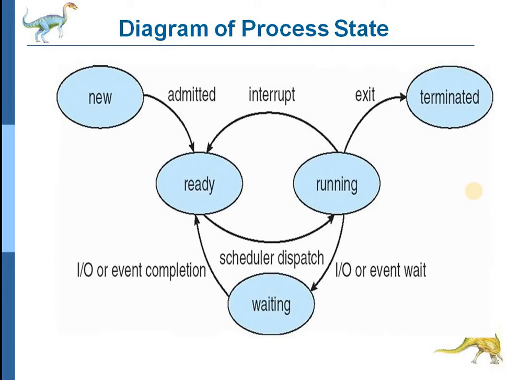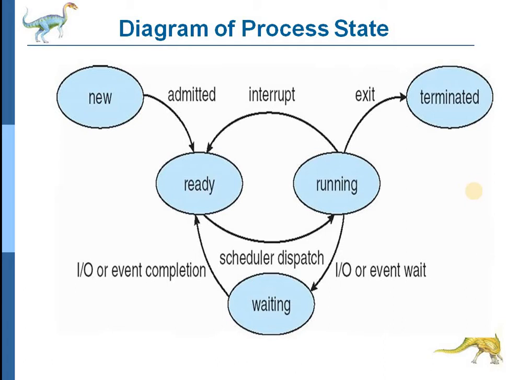Basically, in the new state, the process is being created. In the running state, the process is currently running and has control of the CPU, that is, instructions are being executed one after another.